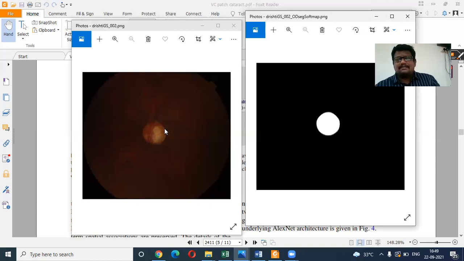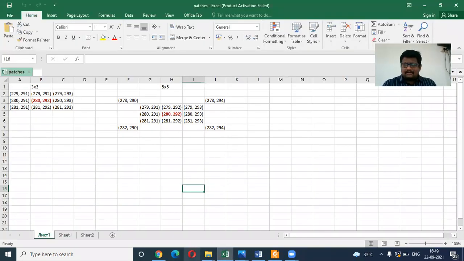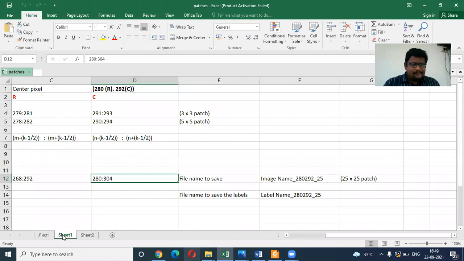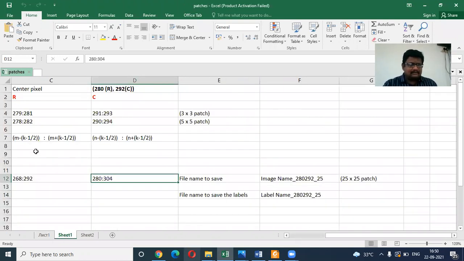I personally have done some experimentation and found that 3 by 3 patches and 5 by 5 patches have no significant information. So what size of patch we are going to choose is almost 24 by 24.